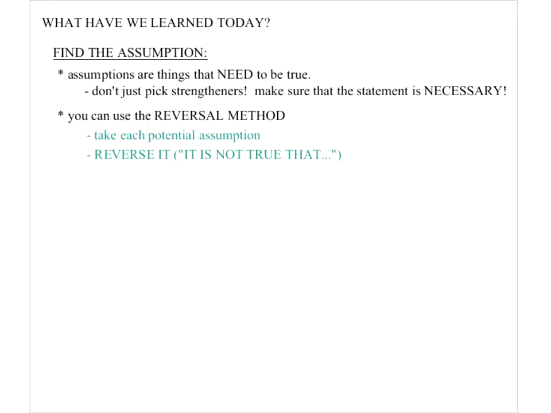And then see if it destroys the integrity of the argument. If the argument is destroyed, then you got the correct answer. If the argument is not destroyed or is strengthened, then it's an incorrect answer.